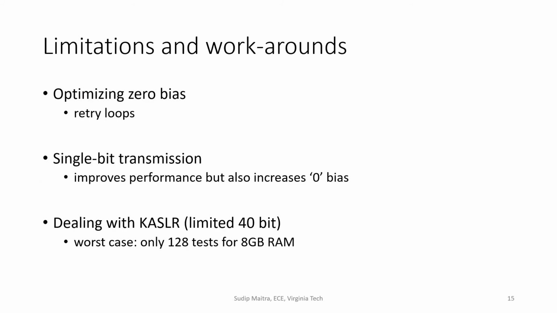Now that we are familiar with the attack, let's see some of the limitations and workarounds for Meltdown. When the authors mounted this attack, they saw a bias towards 0, but it's easy to reduce with retry loops. Reading one bit at a time is faster as it only requires one flush reload instruction, but the bias towards 0 increases.